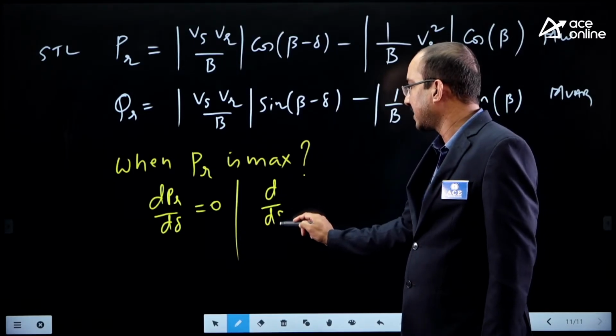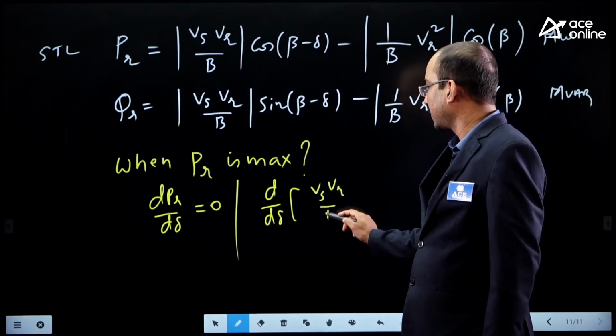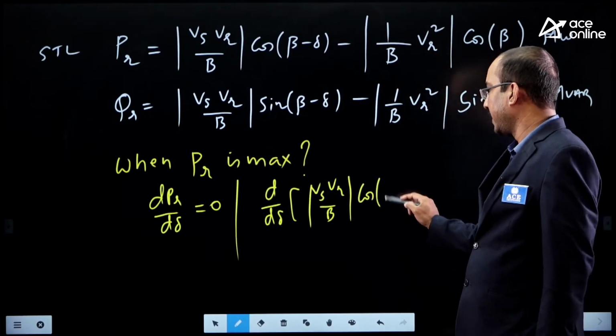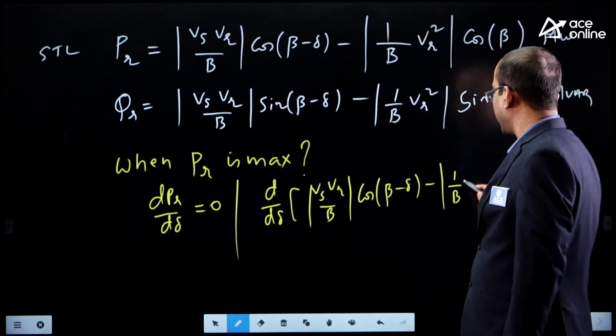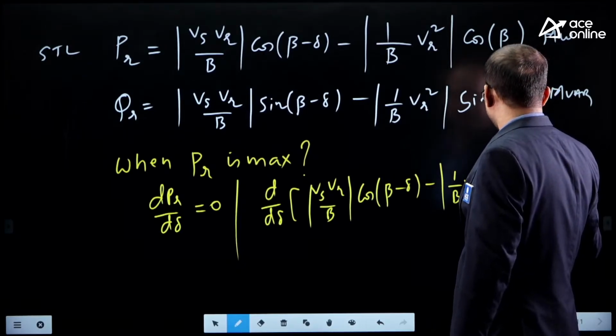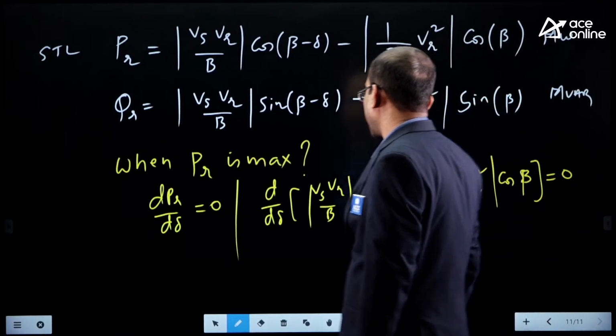So d by d delta of the real power transfer equation, Vs Vr by B cos of beta minus delta minus 1 by B Vr square cos beta, is equal to 0.